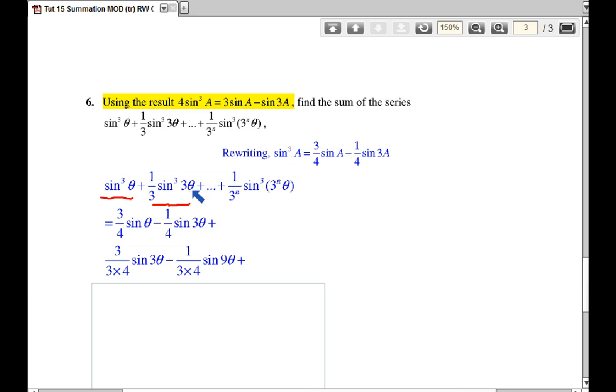It may help if you write down as well. Okay, and this 1/3, let's not forget the factor 1/3, okay? The rest okay?